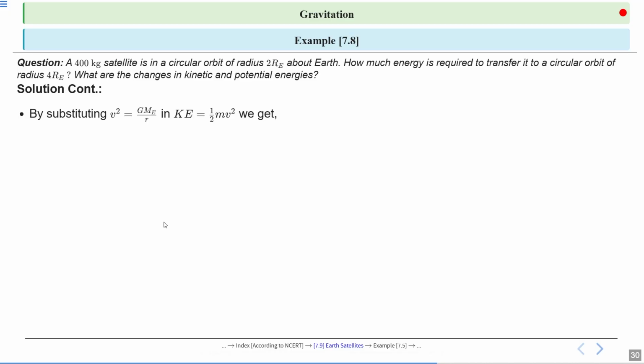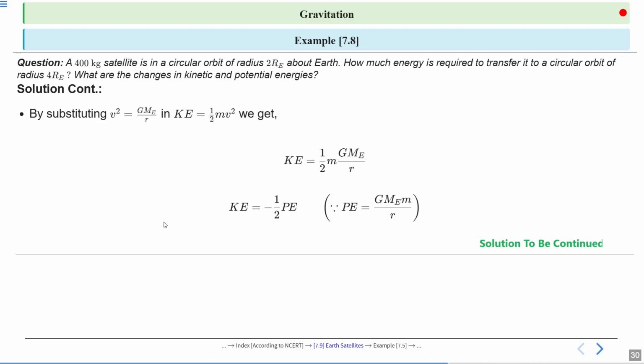So we get K is equal to 1 by 2 m into G Me divided by r. So kinetic energy is equal to negative of 1 by 2 potential energy.